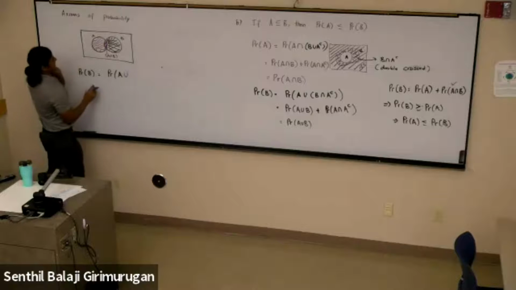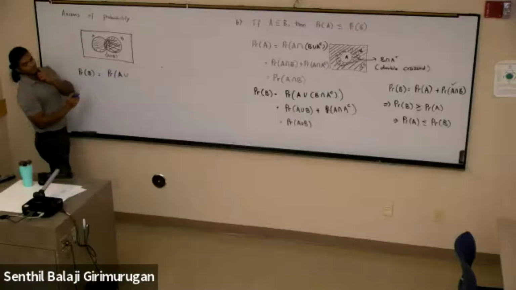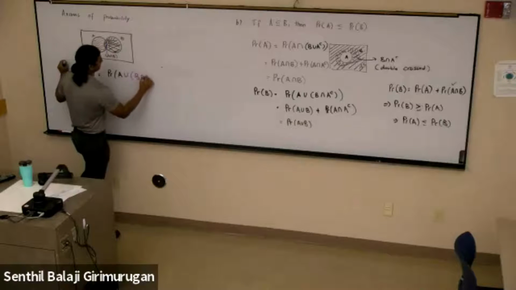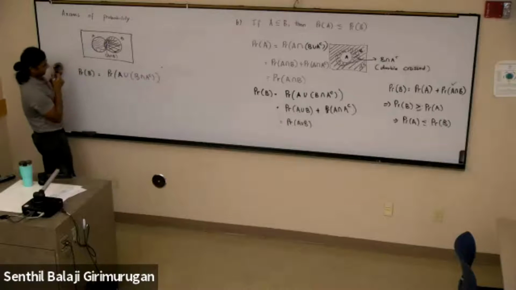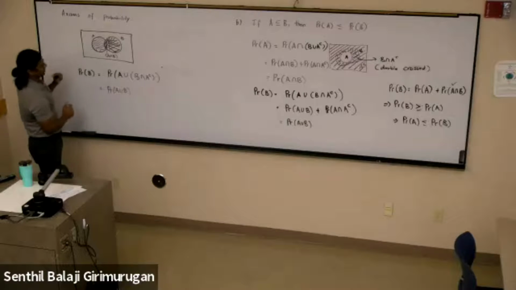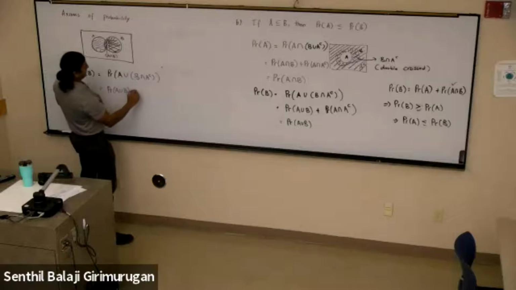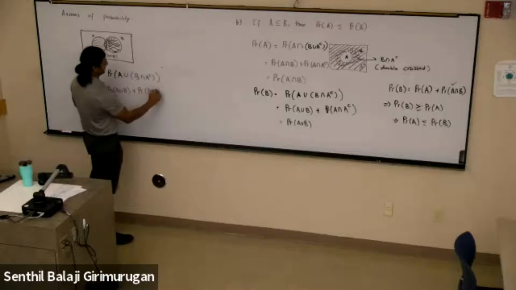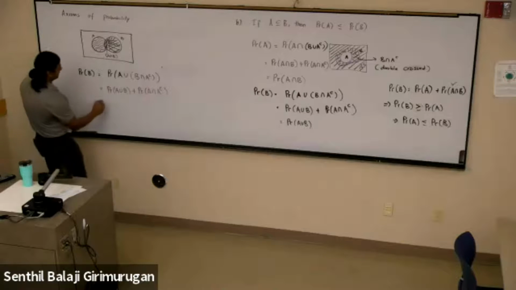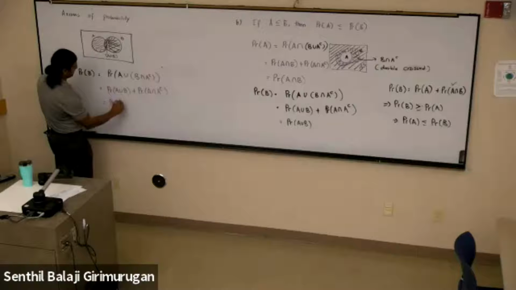You can also say B union A complement, because we're including all of those. Which will give us the probability of A union B plus the probability of A intersect A complement, which would be 1 in that case, right? No, 0.